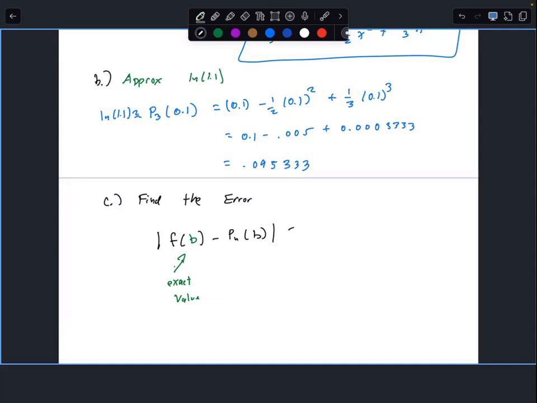And so with this one, this would be something that we are going to use our calculator for. And so I want to find what is the natural log of 1.1.